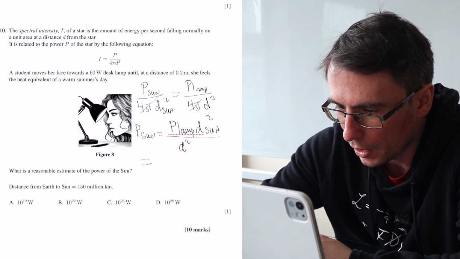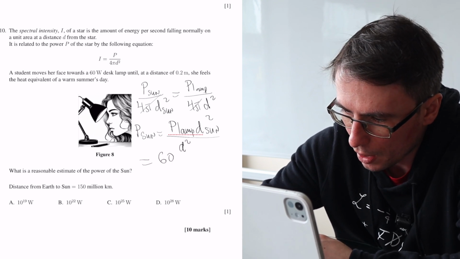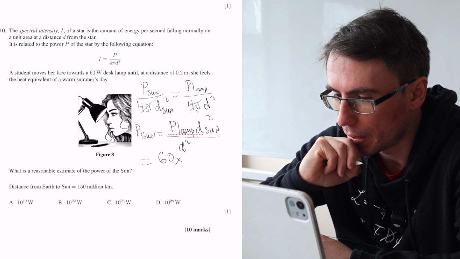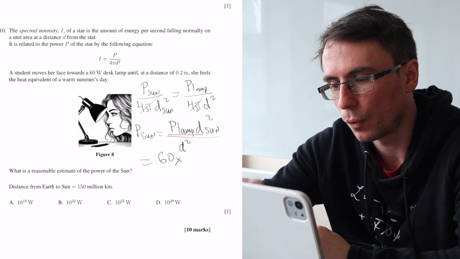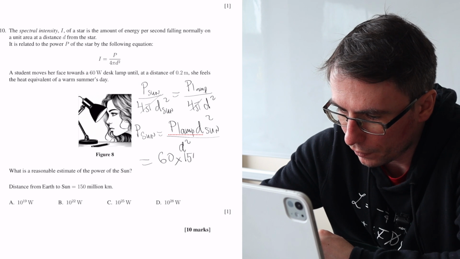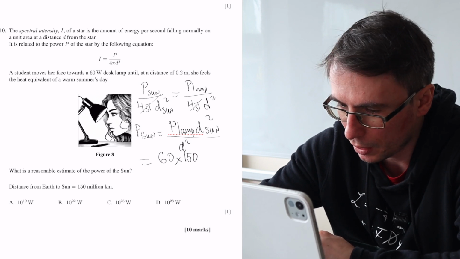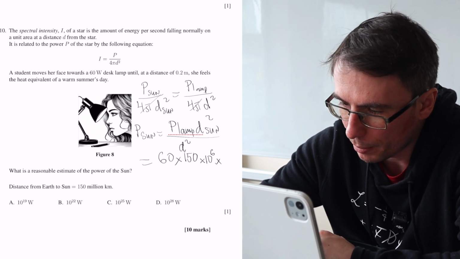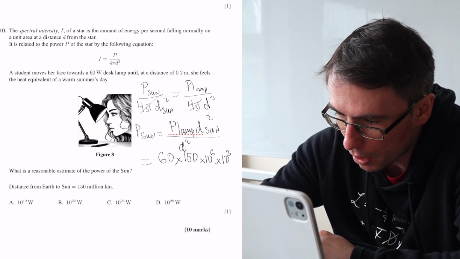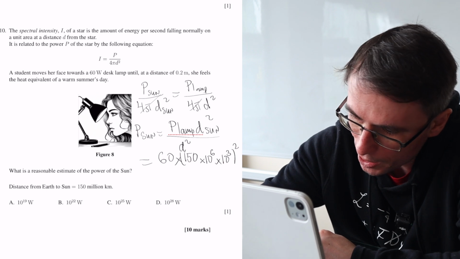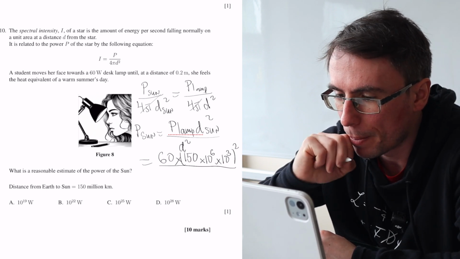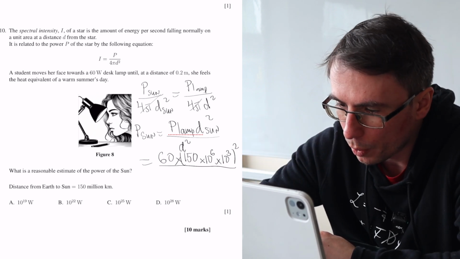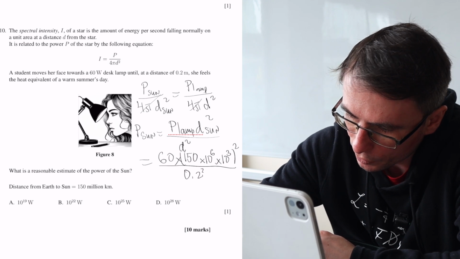Okay, power of the lamp is 60 watts multiplied by the distance to the sun. Let's be careful with the units here. So it's going to be 150 million, which is times 10 to the power of 6, multiplied by kilometers, which is 10 to the power of 3, and all of it is squared. Divide that by 0.2 squared.